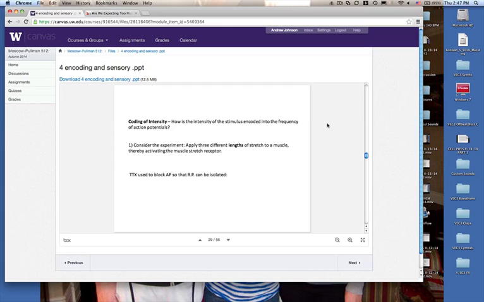So our question is, how do we encode that different level of intensity? And I'll just mention that we're going to use tetrodotoxin to actually block the action potentials. Because if you trigger an action potential, it's going to be this huge distortion, and you're not going to be able to see the receptor potential. The receptor potential is pretty small. The action potential is quite large, and if you were measuring it, it would swamp it out.